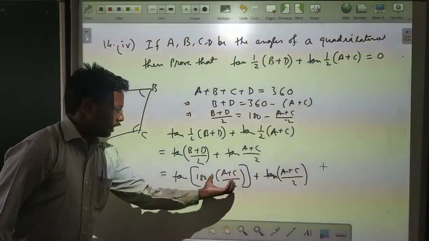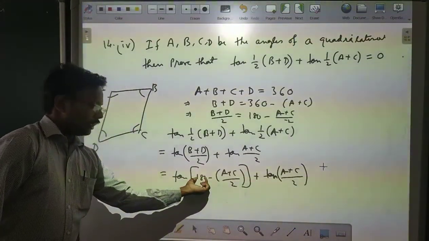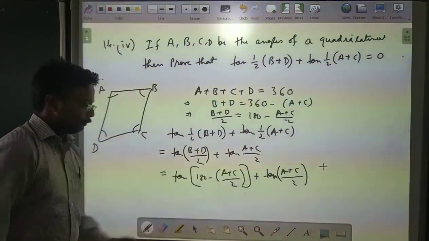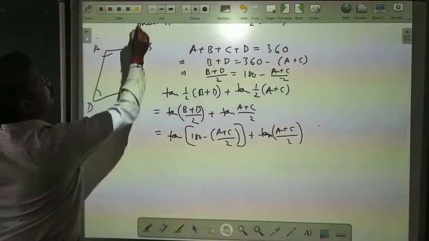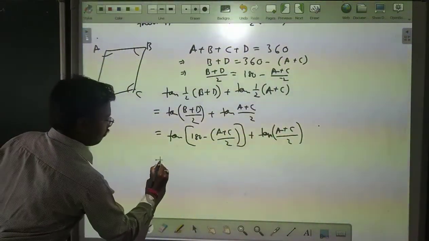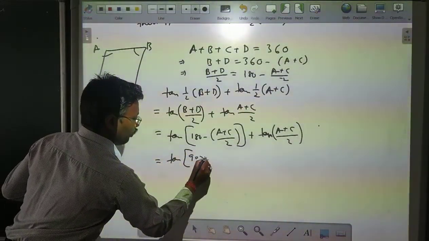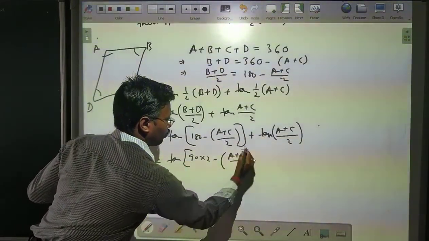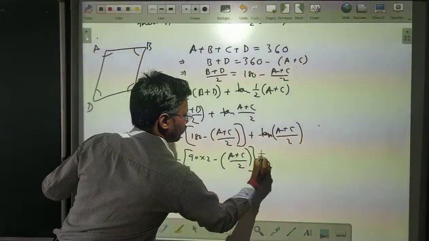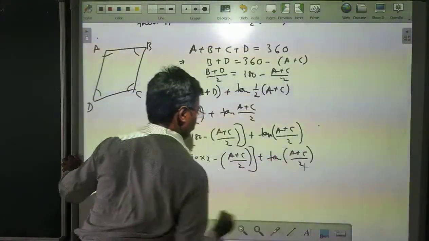Now, this can be taken as theta, and 180 can be written as 90 into 2. So we get tan of (90 into 2 minus (A plus C) by 2) plus tan (A plus C) by 2.